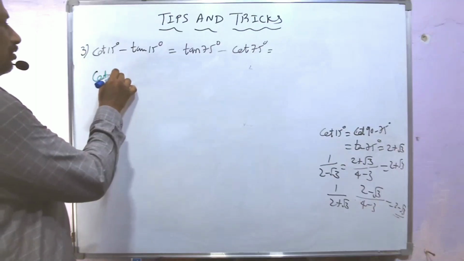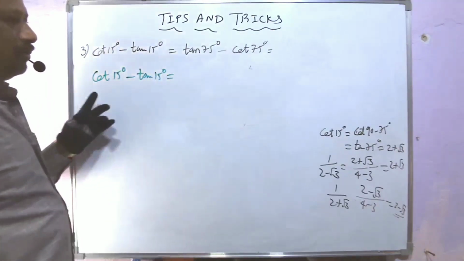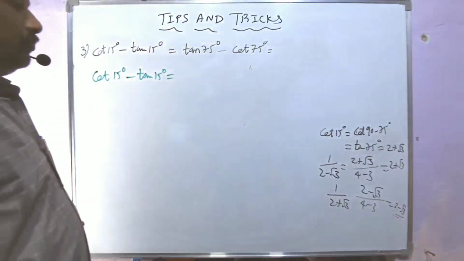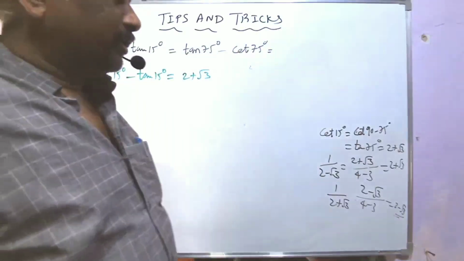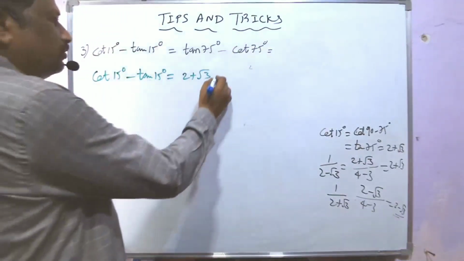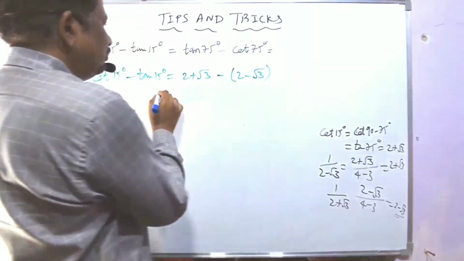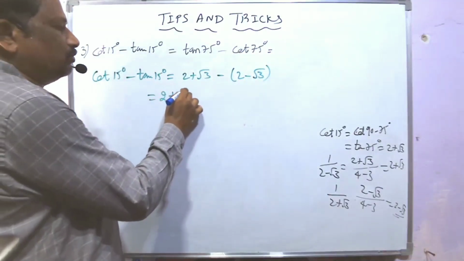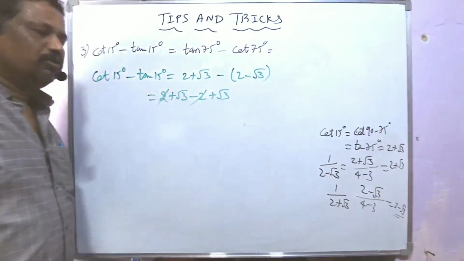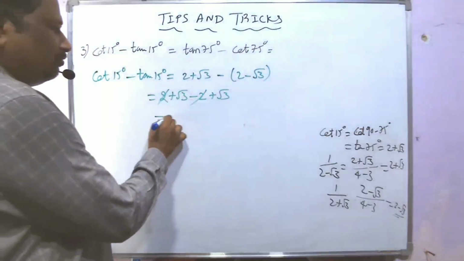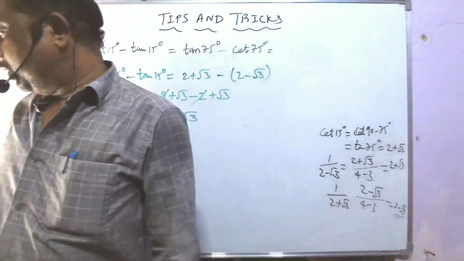Cot 15 degrees minus tan 15 degrees. Cot 15 degrees we already know: 2 plus root 3. Tan 15 degrees is 2 minus root 3. So from this, 2 plus root 3 minus 2 plus root 3, the 2 and minus 2 get cancelled. What we get? 2 root 3.